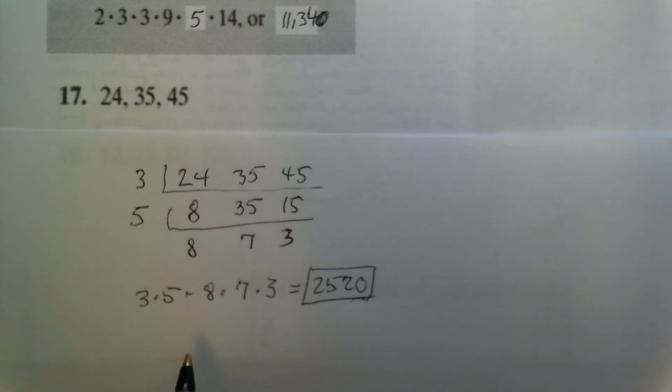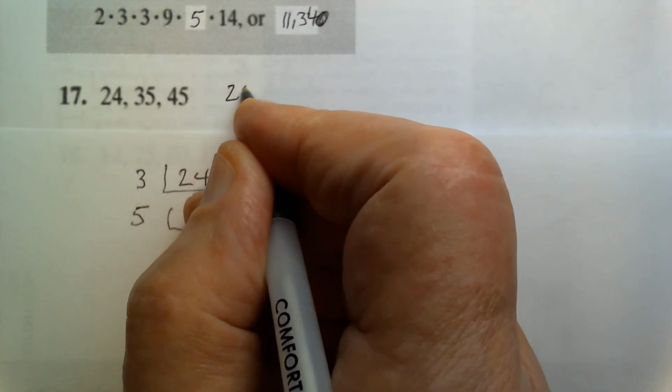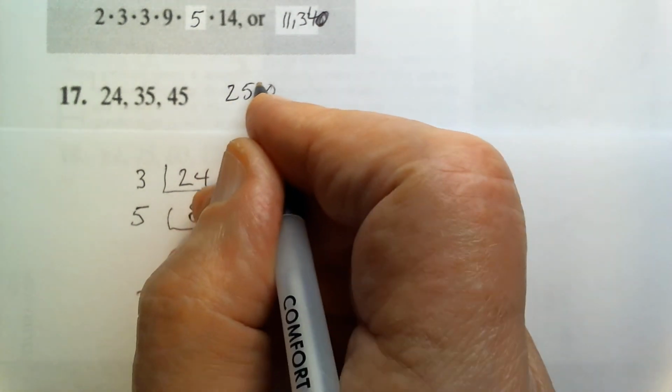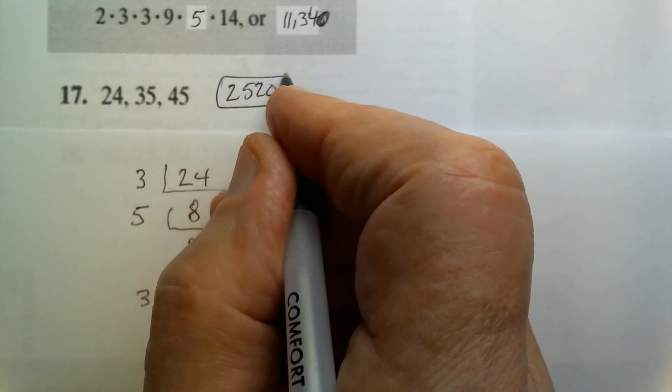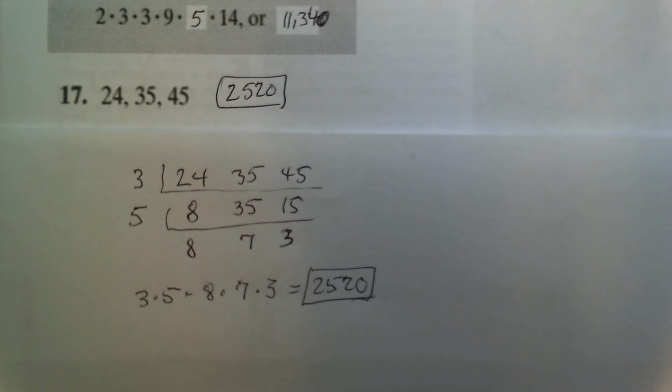So that's how it's done. They provide the answer here, 2,520. And again, for practice sake, I would suggest try it on your own, see if you can do this.